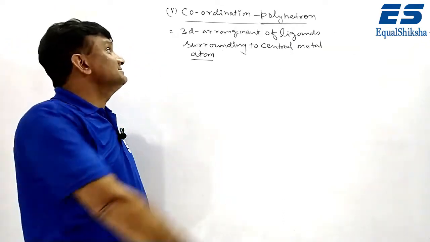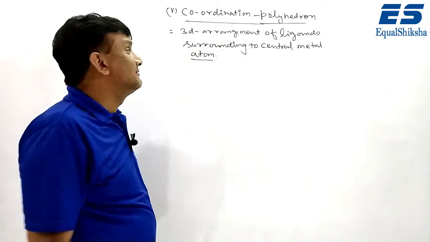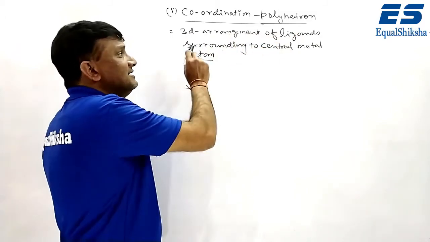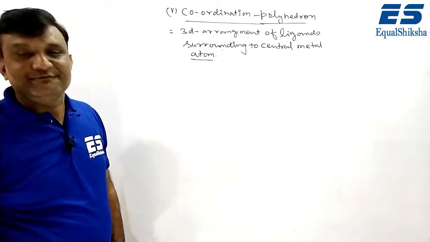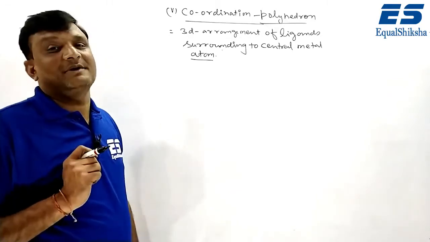Now the next topic is coordination polyhedron. What is the meaning of coordination polyhedron? The three-dimensional arrangement of ligands surrounding the central metal atom is called a coordination polyhedron. This is according to the coordination number.